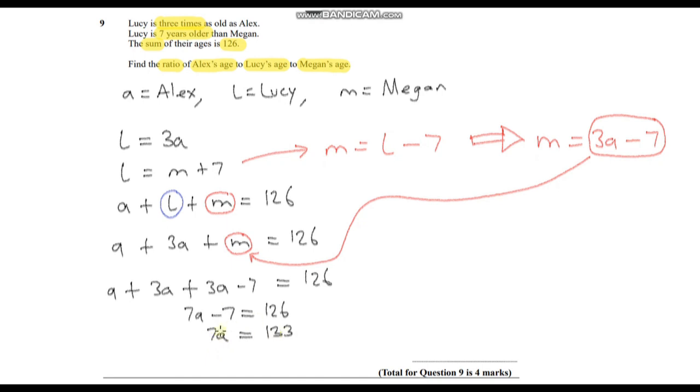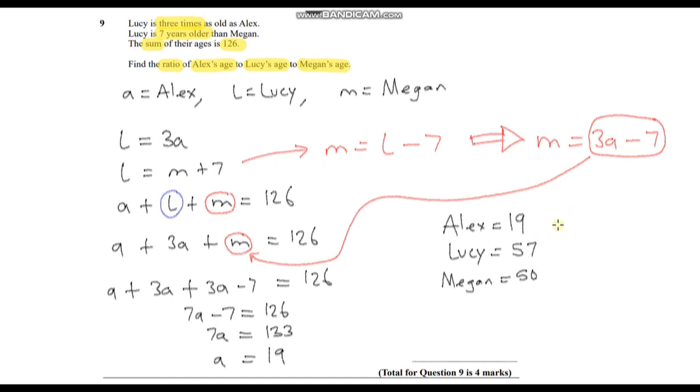And then divide both sides by 7, we get A is equal to 19. So Alex is 19. Now we can work out how old Lucy is. Lucy was 3 times Alex's age, so 3 times 19 is 57. And finally, Megan was Lucy's age minus 7, so we just need to take away 7 from 57, which is 50.